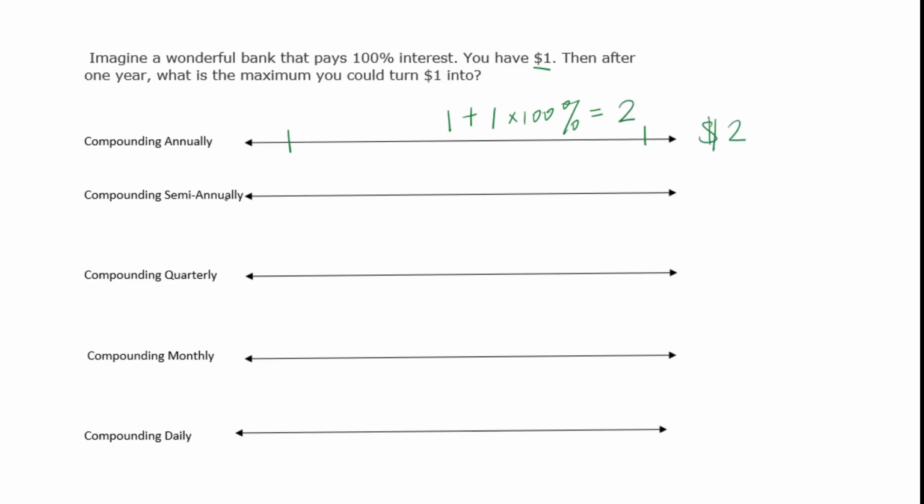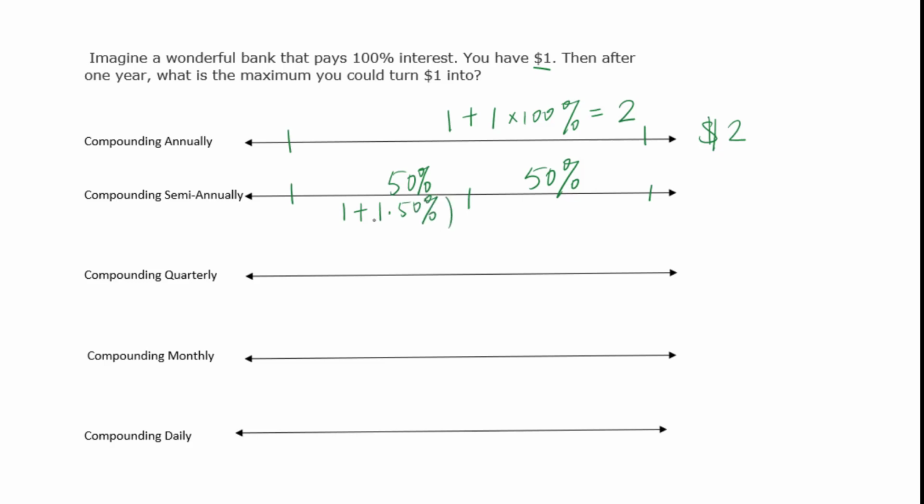Compounding semi-annually, you will earn interest twice in a year. So the first half a year, they will pay you 50% of interest. The second half of the year, they will pay you another 50% of the interest. In the first half of a year, you get this $1, then you get the interest.